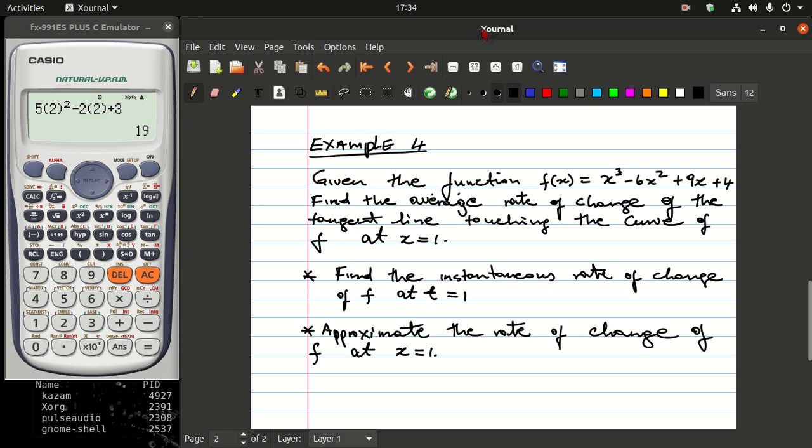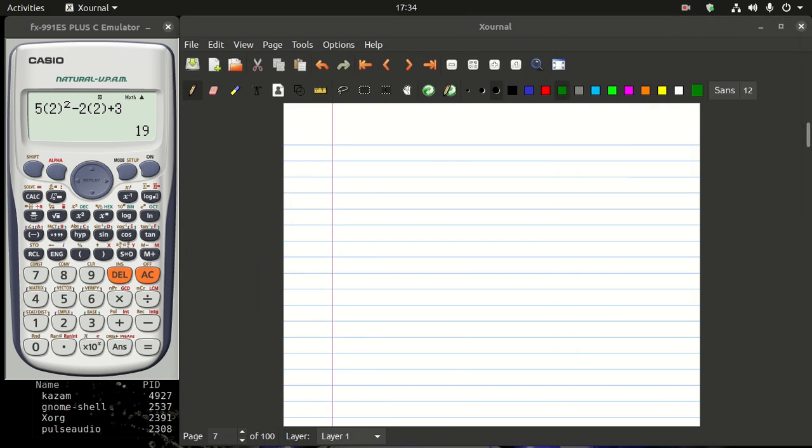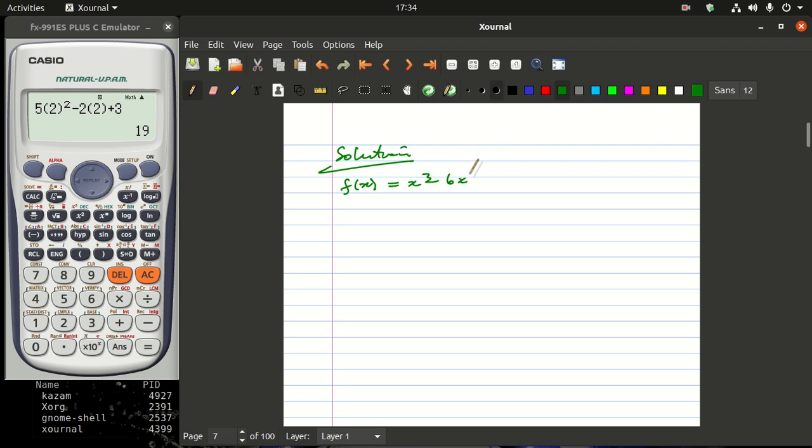So let me just put this aside and actually solve it here. If you look here, of course, this is our solution, the last solution here. So you were given f of x, which was x cubed minus 6x squared plus 9x plus 4.